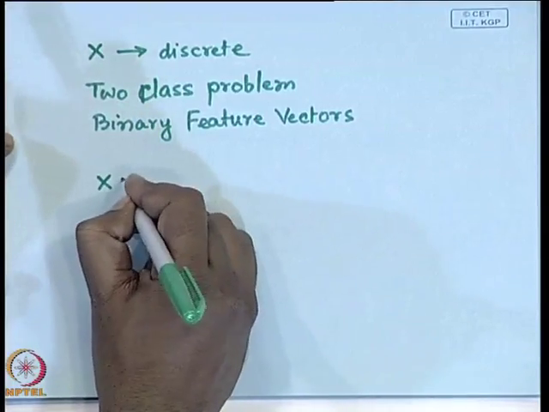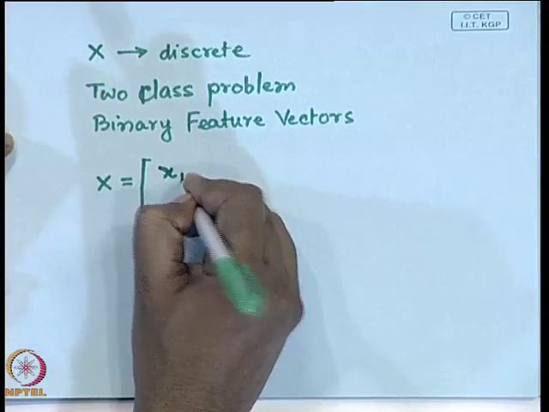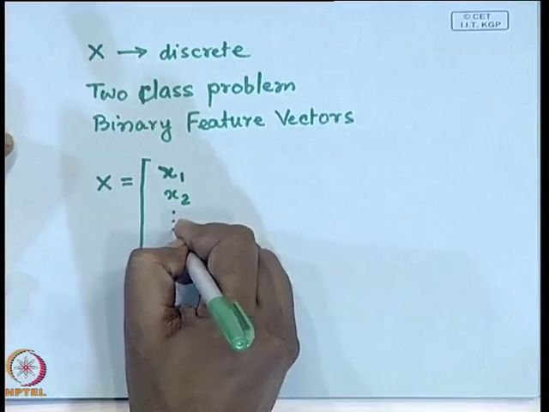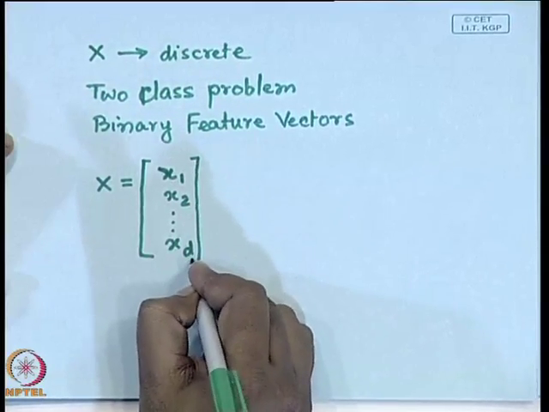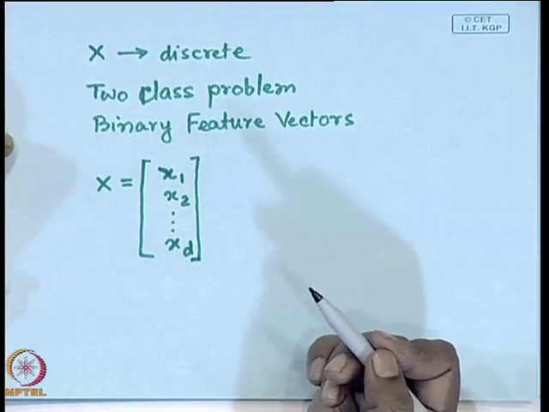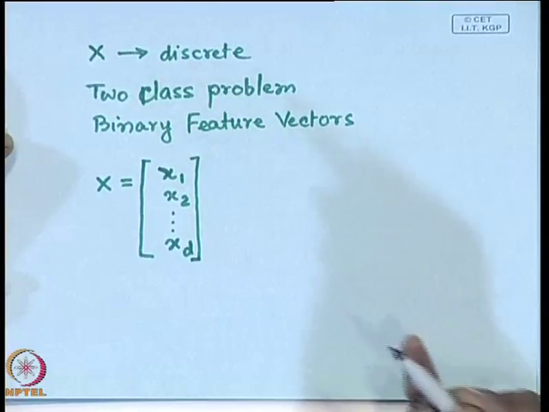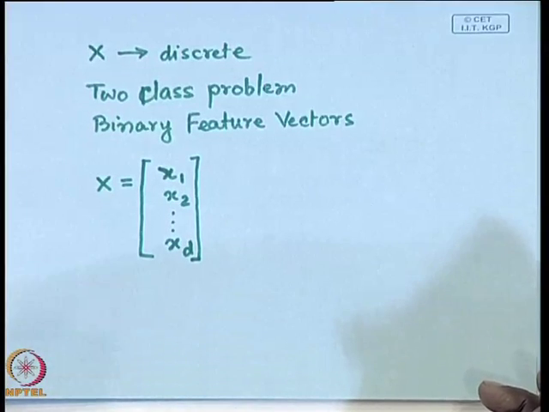So, when I have this feature vector x, which is given by x 1, x 2 up to x d, again we assume that we have d-dimensional feature vectors. Every component of the feature vector, x 1 or x 2 or x 3, can assume either a value equal to 0 or a value equal to 1. So, that means that if a feature vector is taken from a particular class, it will say whether a particular feature is present or it is absent.